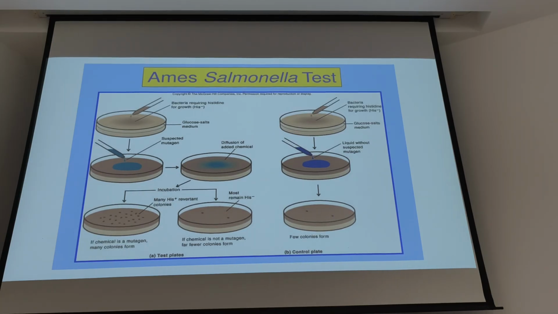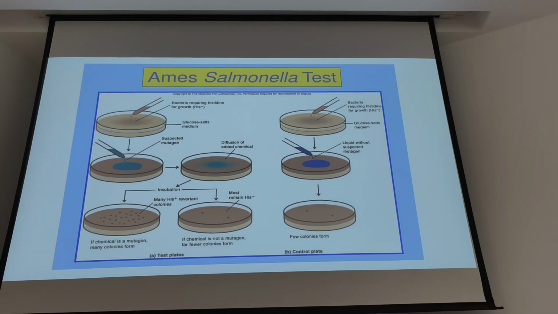So if we have a chemical, we incubate them with the S9 or not, and then we treat the bacteria in the presence of the chemicals. Then we spread this treated bacteria in the presence or absence of histidine. We see how many colonies can grow.